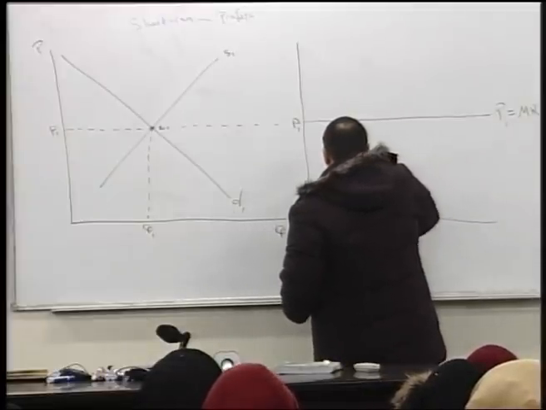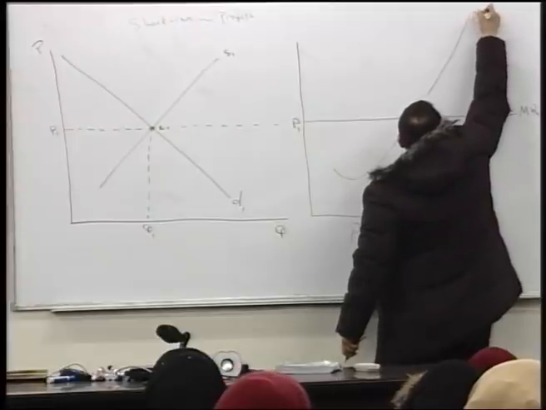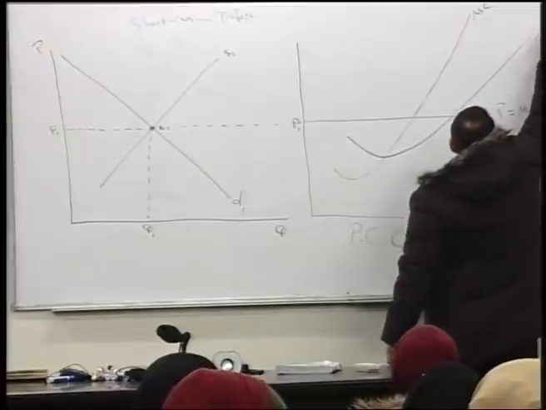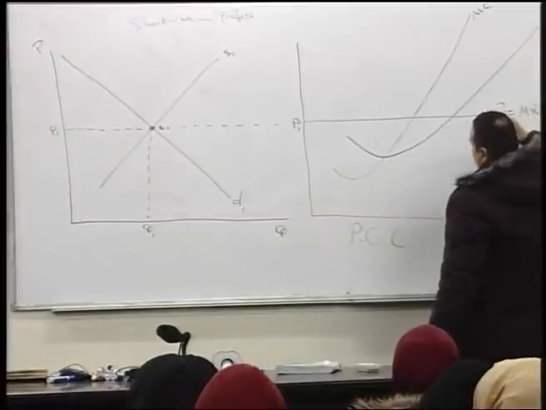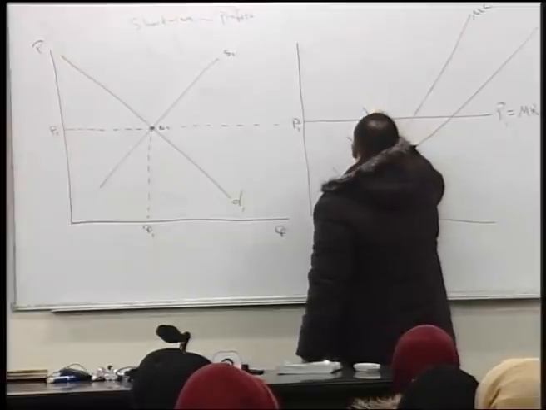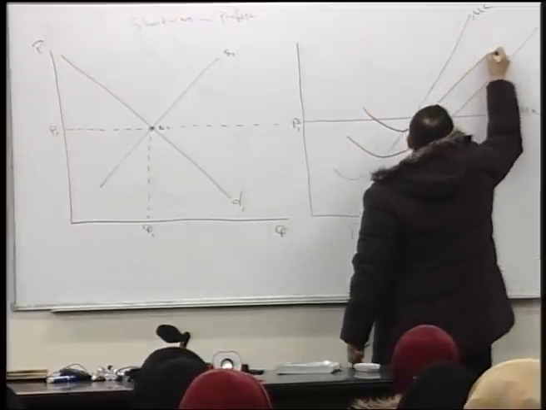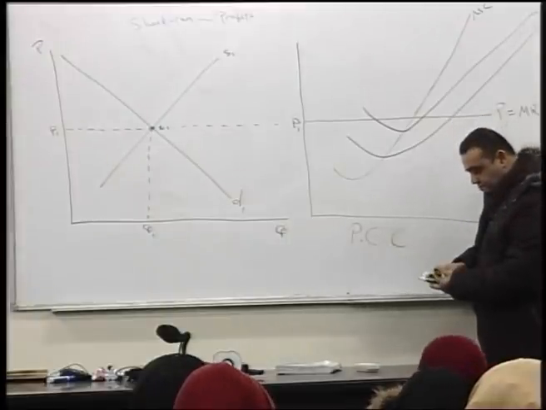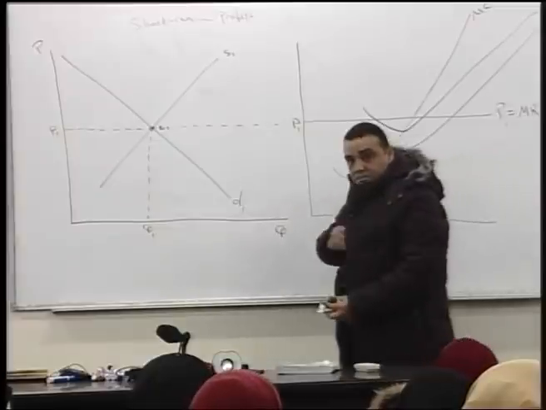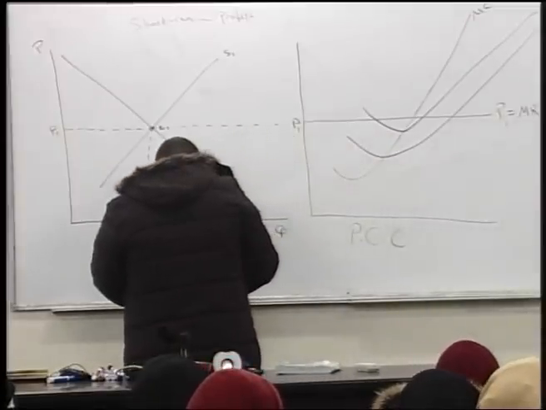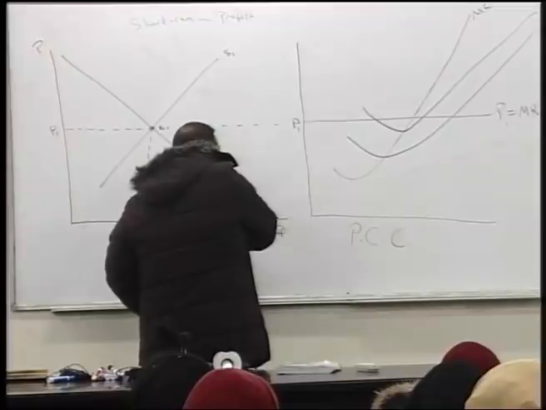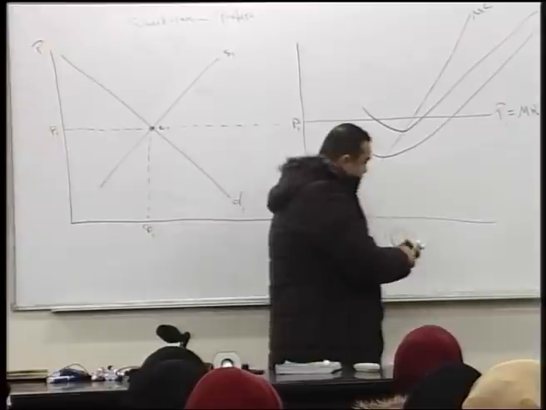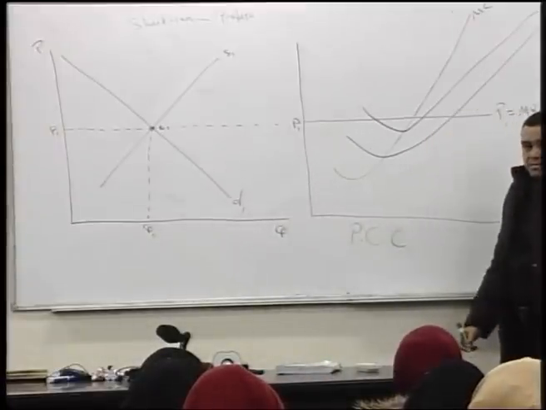Here's the marginal cost, AVC and ATC. Where's the equilibrium point?